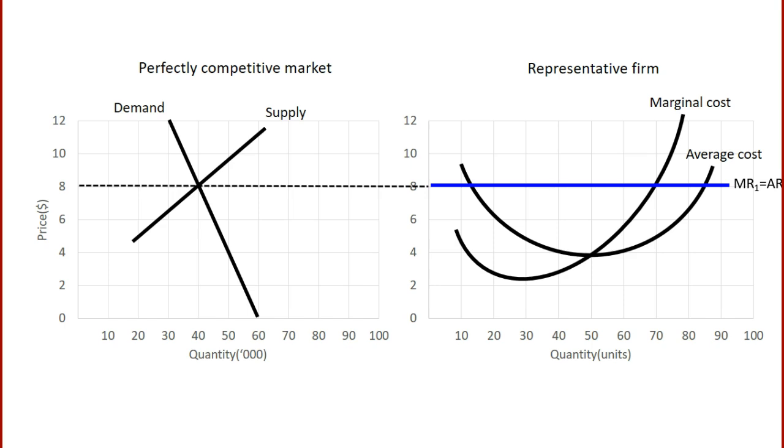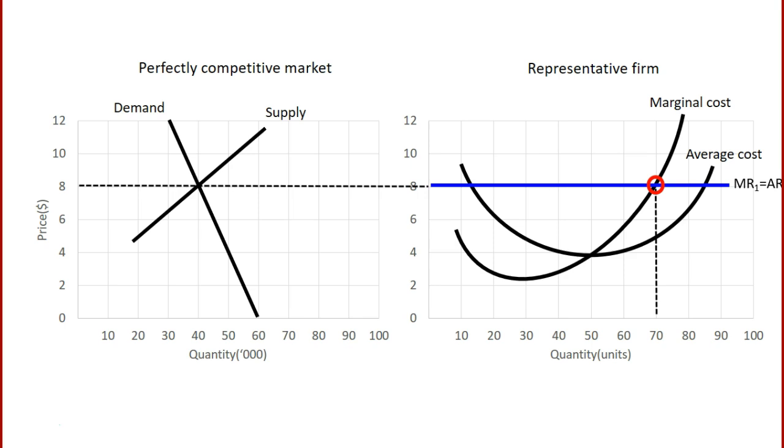The optimal output is going to be the quantity where the marginal revenue of the last unit produced and sold equals the marginal cost of the last unit produced and sold. So that is at the point where the marginal revenue curve intersects with the marginal cost curve. And that gives us an optimal output of 70 units. This will be the profit maximizing output.